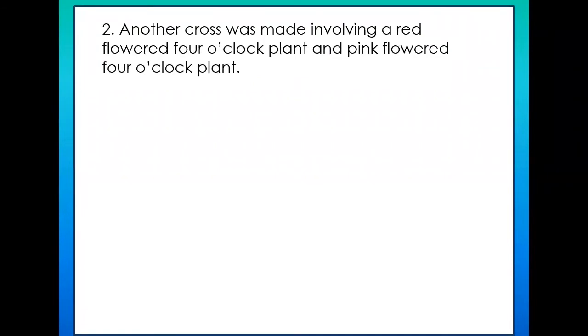Another cross was made involving a red flowered 4 o'clock plant and a pink flowered 4 o'clock plant. So from the problem, we could all agree that the parents are homozygous red, which we have to cross to heterozygous pink. So these are the genotypes of the parents for red and for pink 4 o'clock flower.